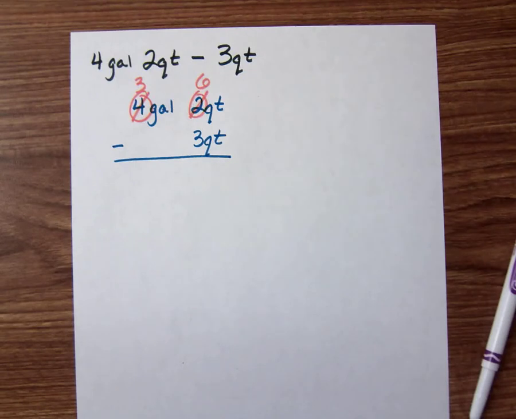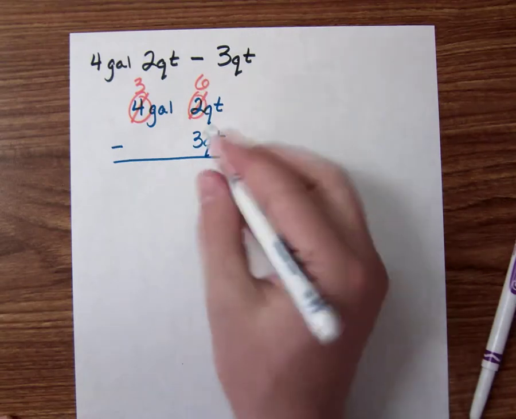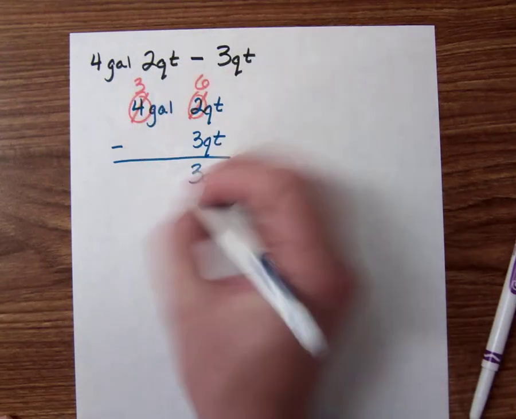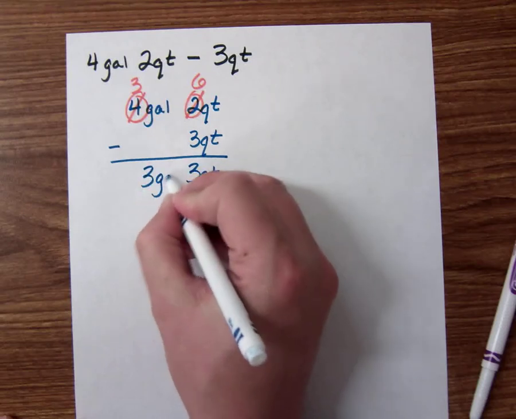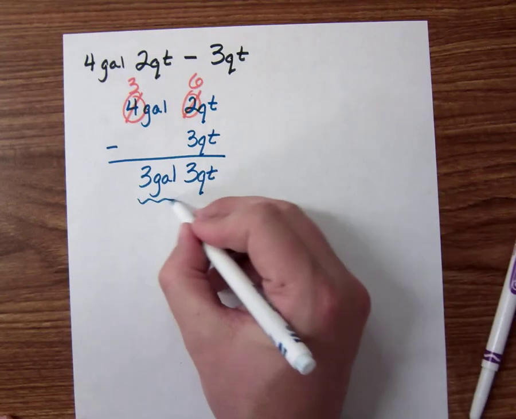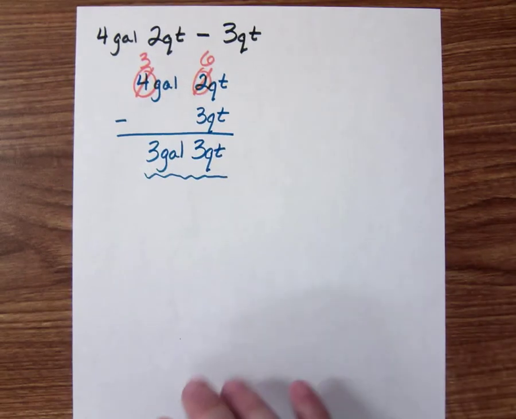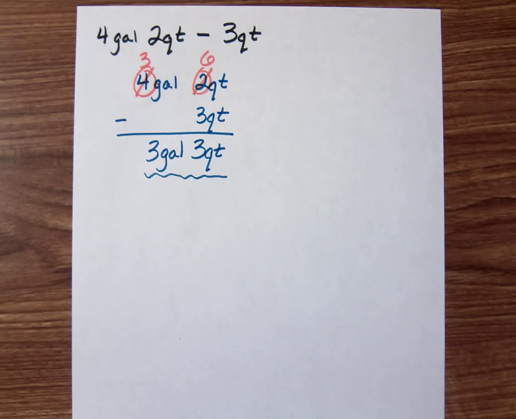Wait, no, I'm adding. 6 minus 3 is 3. And then 3 gallons. That seem okay?